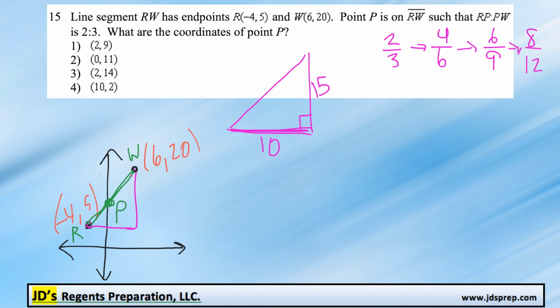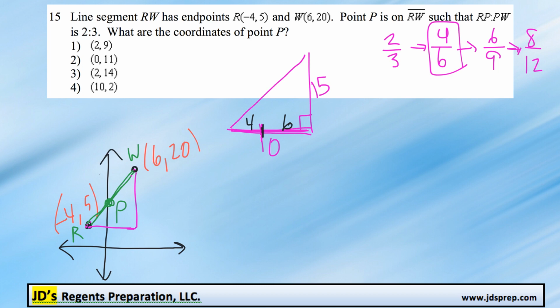See, all of those ratios simplify to be 2 to 3. Now, the one that I noticed could be useful here is the ratio 4 to 6, because 4 plus 6 is 10. So we could try visualizing splitting this line here, where this distance is 4 and this distance is 6. And so what we've just done is split this line segment to have the ratio 2 to 3.